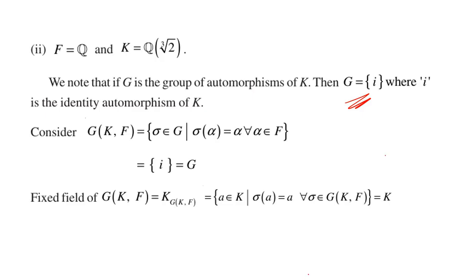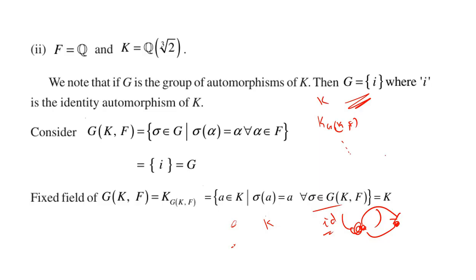Next, the fixed field of G_{K/F}: what are the scalars which are left as such by all the elements, only identity. The identity element will take any element to itself. So whatever you have here, all that will come here. So here I can even have K. Remember, when you consider K^{G_{K/F}}, all these elements should be from K only.